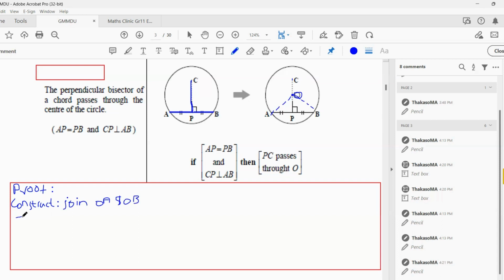All right, so now we have two triangles. In triangle OPA and triangle OPB, what are we getting?